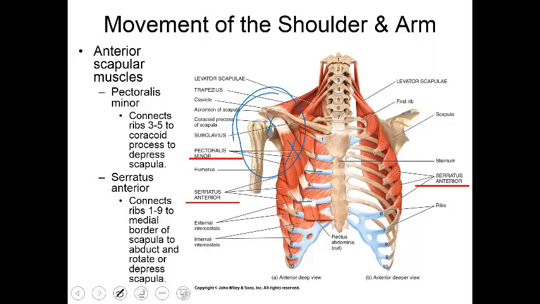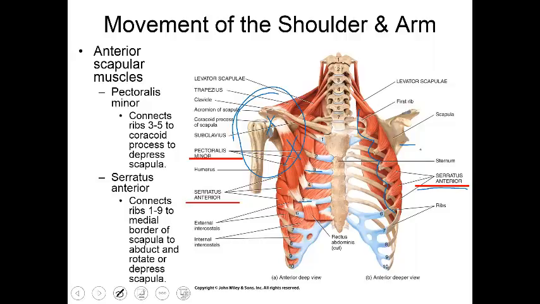The next muscle in this set is the serratus anterior muscle. Serratus meaning it looks like it has a sawtooth edge, as you can see right here. The serratus anterior muscle is deeper to the pectoralis minor, and it connects the medial border of the scapula. Everybody recalls a medial border. The scapula has a medial border and a lateral border.